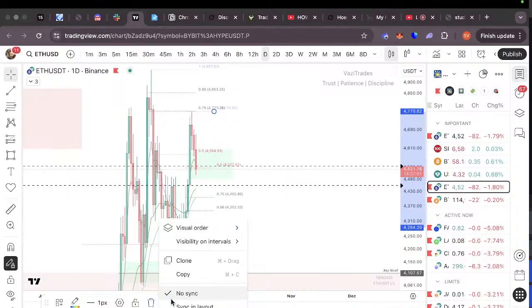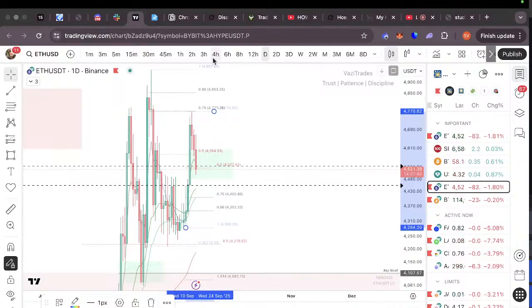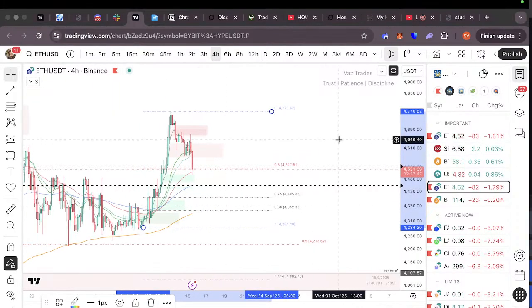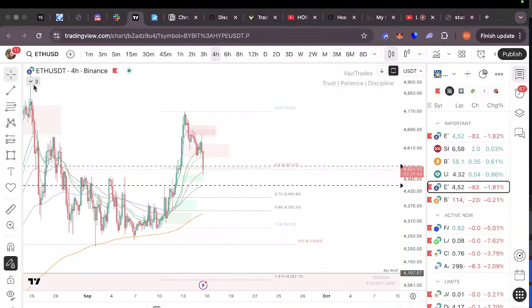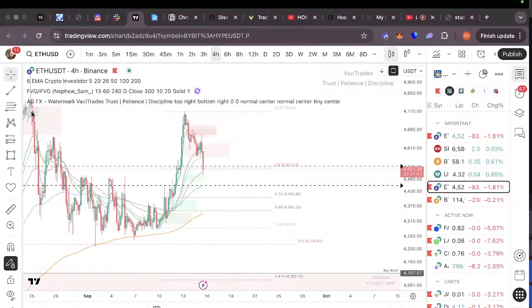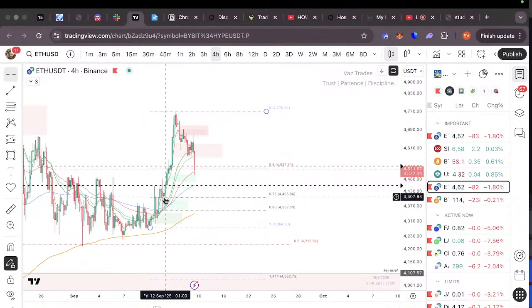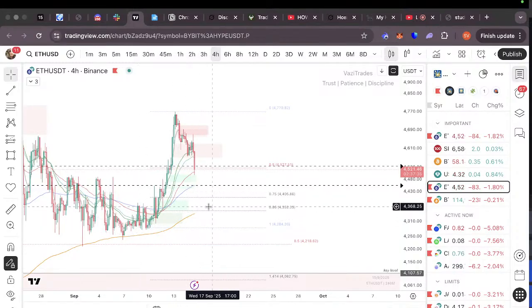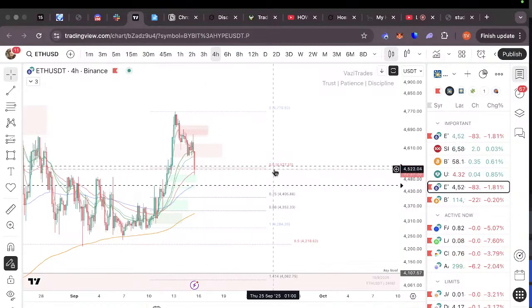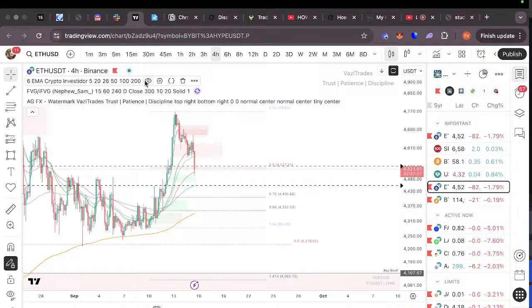Why is it not working? Okay, all intervals. So what do we have here? So on 4-hour, the 0.786 also aligns with this 200 EMA support, and for our FVG, the 0.5 aligns with 50 EMA support right now. But let me turn off EMAs.